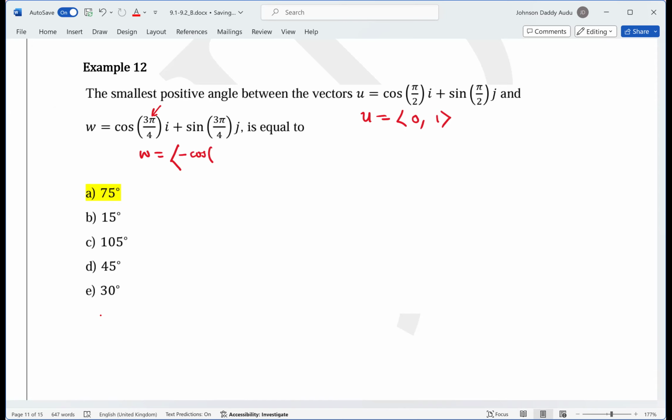Of pi over 4. Because we are using the reference angle. And the second component, still in the second quadrant, is just going to be sine of pi over 4.